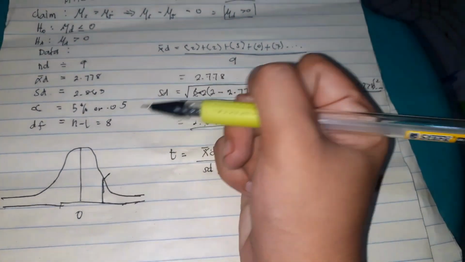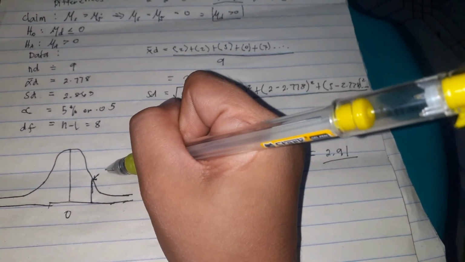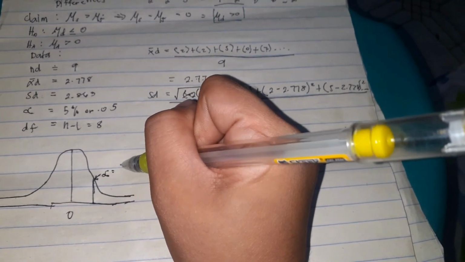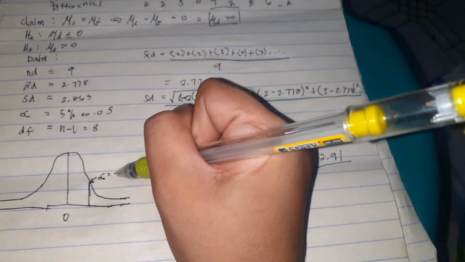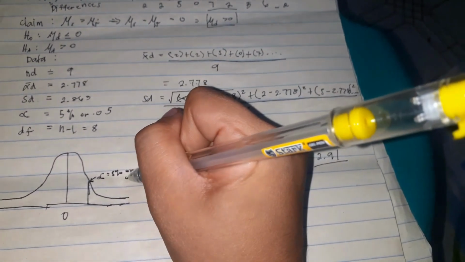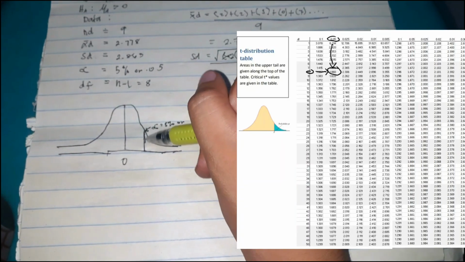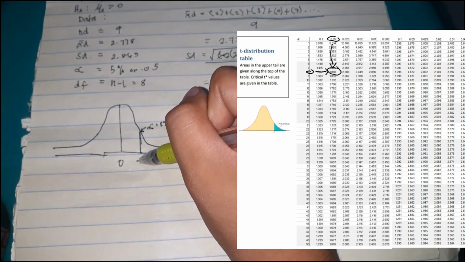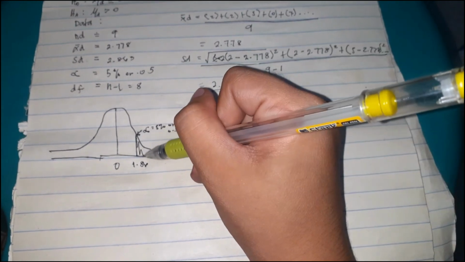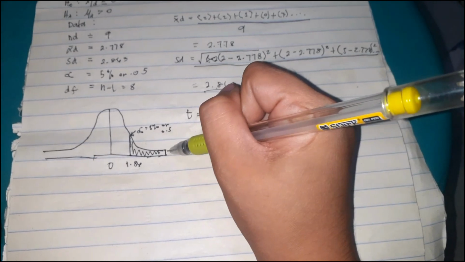The value is t alpha, where alpha is 0.05 and n d minus 1 is 9 minus 1, which equals 8. Looking into the 0.05 column of the t table, at the row for the degrees of freedom, you find 1.86. So we found our critical value to be 1.860.